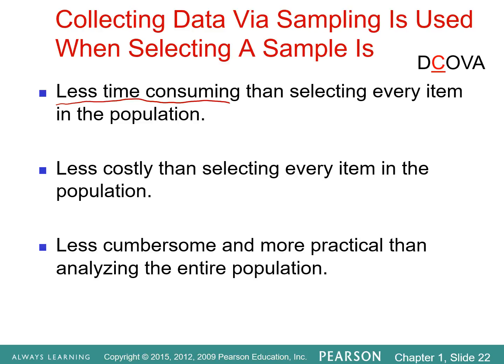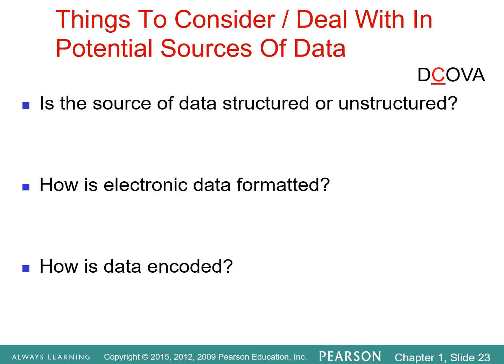I can't imagine asking every single person their income, right? But maybe if I ask one out of every 100 households in a population of 70,000 households, it's still quite a bit of time, but you're still asking a lot less than 70,000 households.